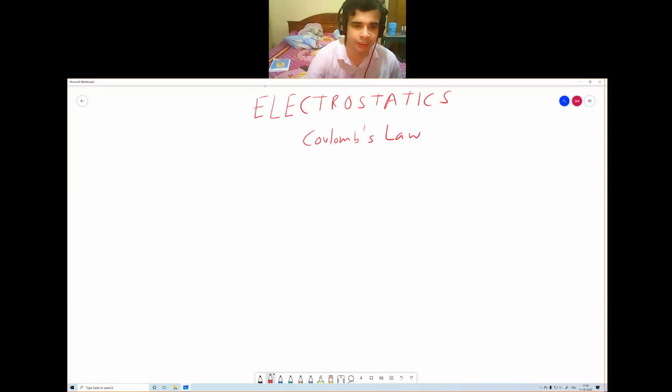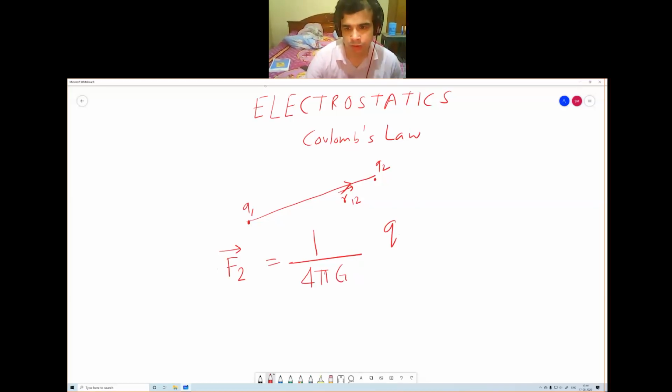If there is a charge Q1 and there is a charge Q2, and this vector is say R12, then the force on the charge Q2 due to Q1, F2, is given by 1 by 4 pi epsilon naught Q1 Q2 by R12 square.